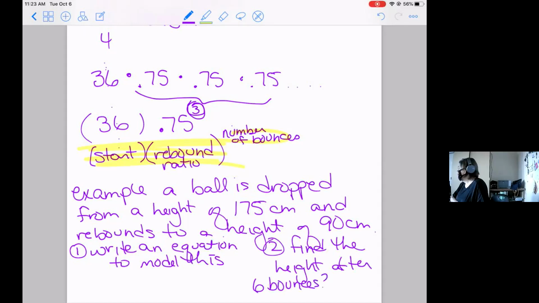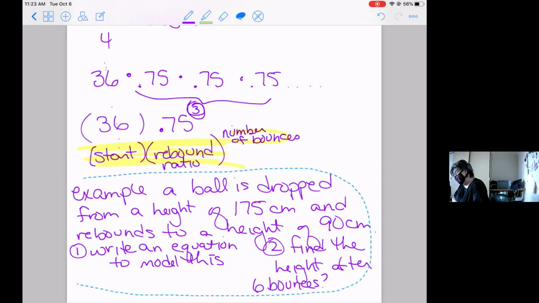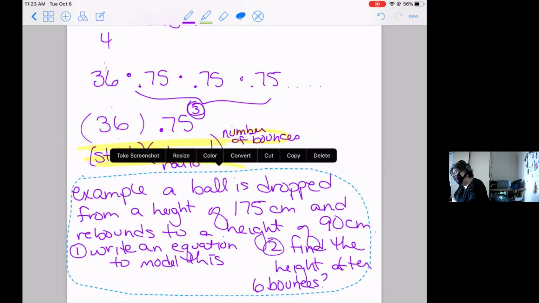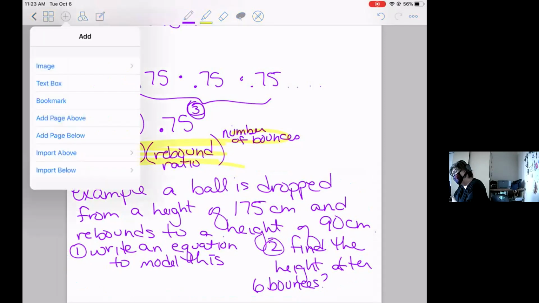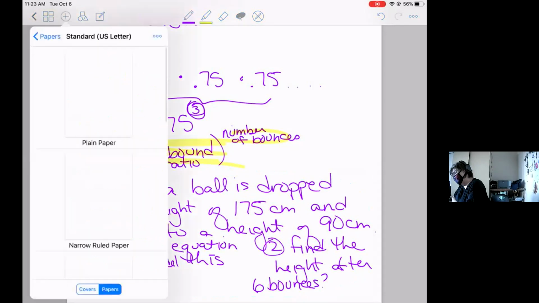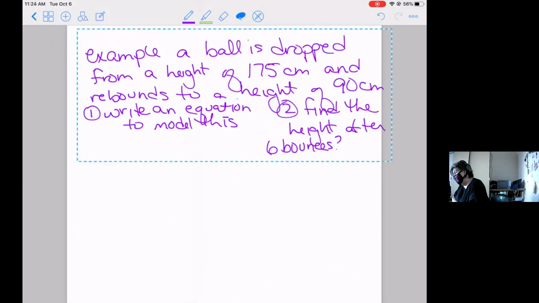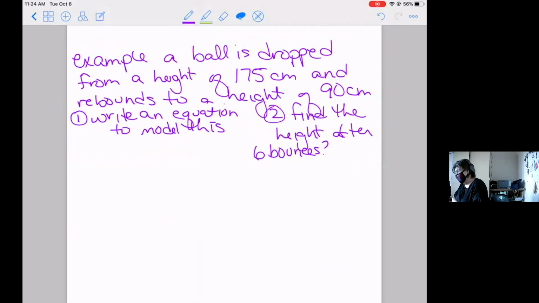Okay. I kind of gave myself no room here. Would you like me to put this on another piece so we have more room? Just give me a second here. All right.